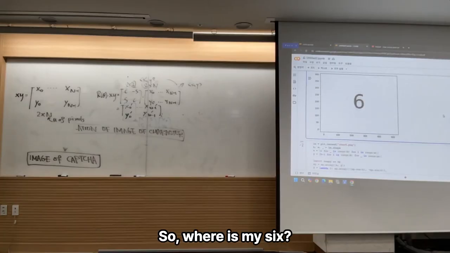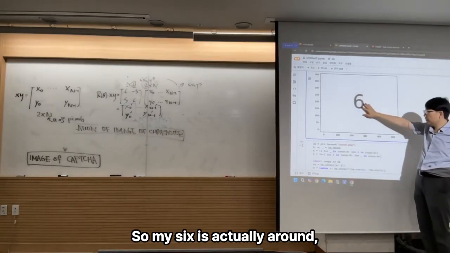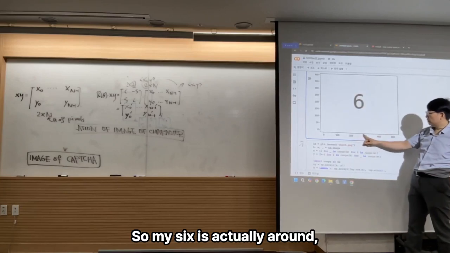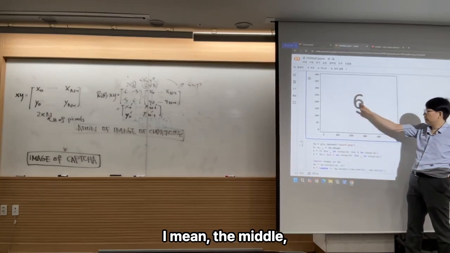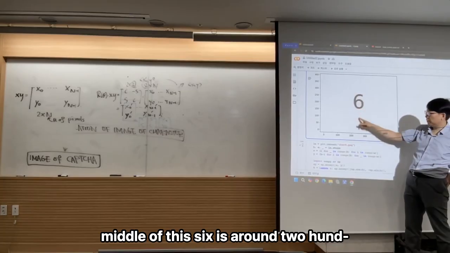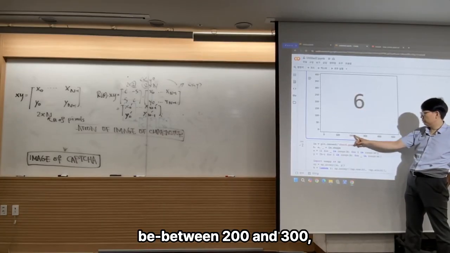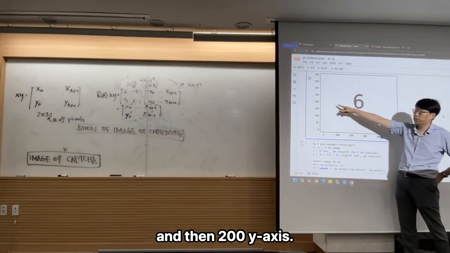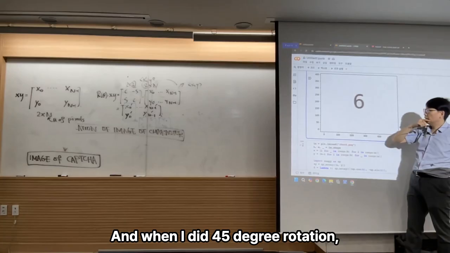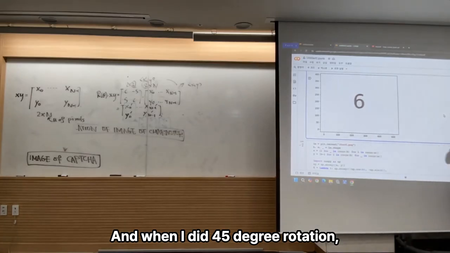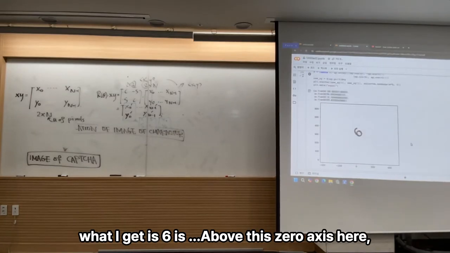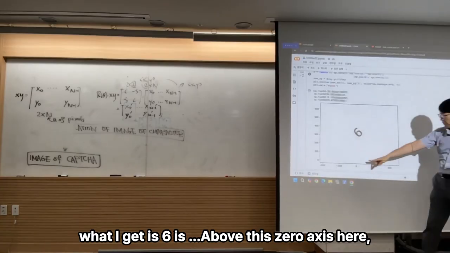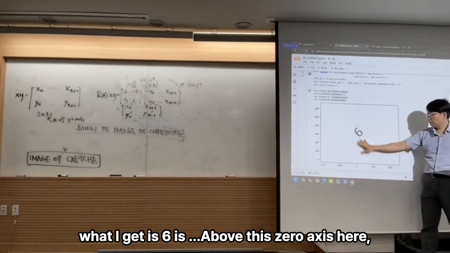Okay, so where is my 6? My 6 is actually around, let's see, the middle of this 6 is around between 200 and 300, and then 200 on the y-axis. And when I did the 45-degree rotation, what I get is the 6 above this 0 axis here.